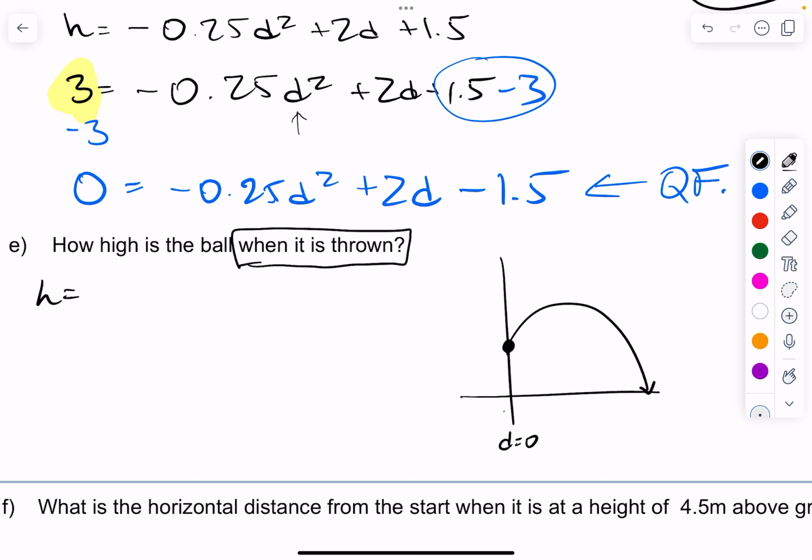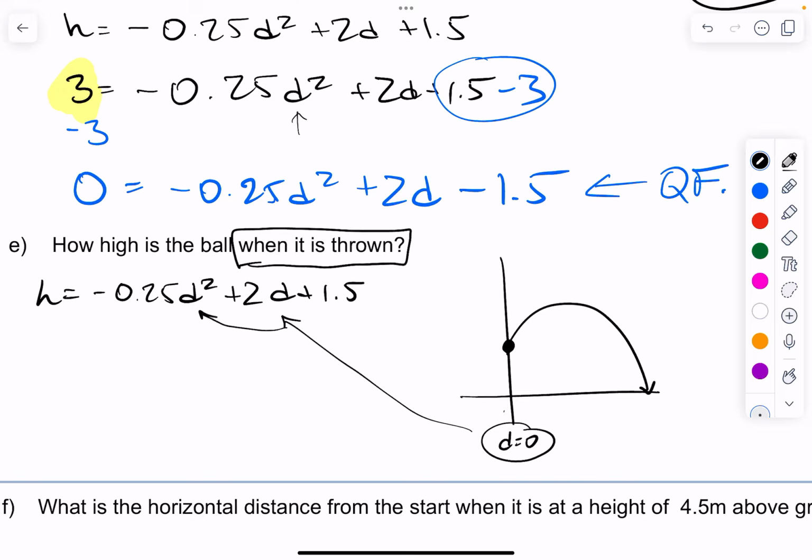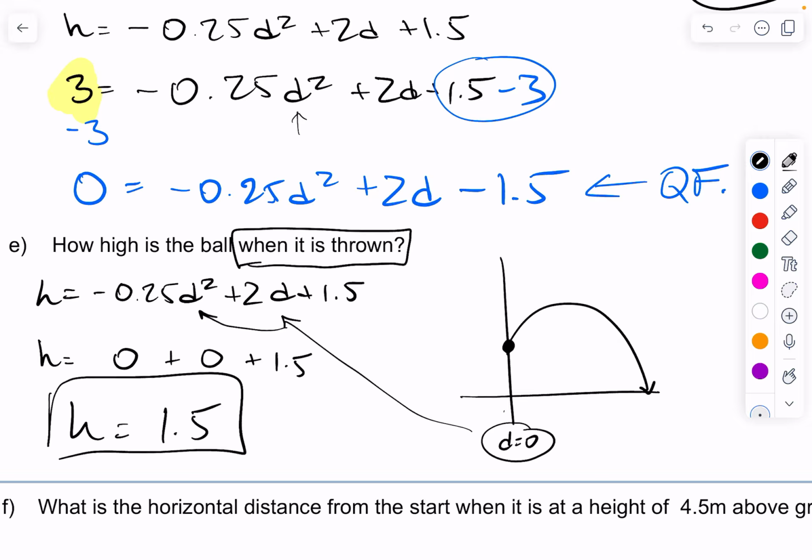So if I look at my equation, negative 0.25d squared plus 2d plus 1.5, I'm going to say, oh, d is equal to 0. I'll sub that in, and I get negative 0.25 times 0, that's 0, plus 2 times 0, that's 0, plus 1.5. So the starting height is 1.5. Okay?